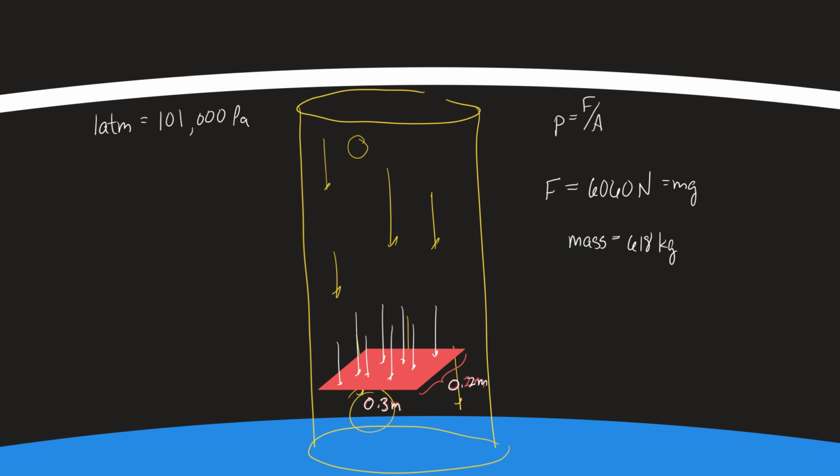There's atmosphere everywhere, and the pressure from the atmosphere downwards is the same everywhere at this level. So since the pressure is 101,000 newtons per square meter, the force on the top and the force on the bottom are nearly the same because they're the same area. Does that make sense?